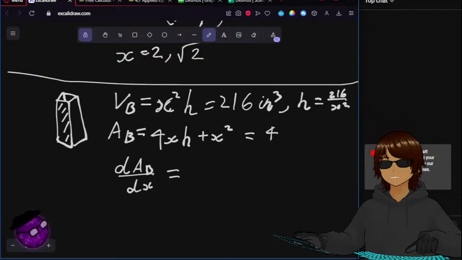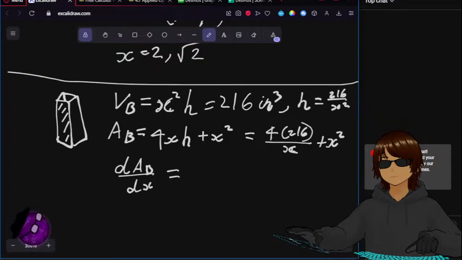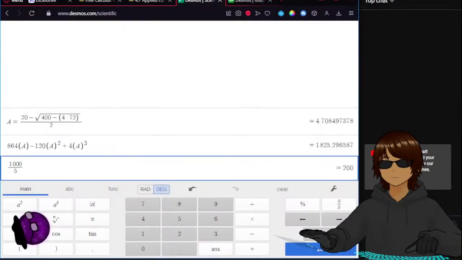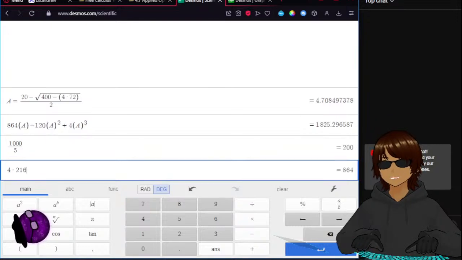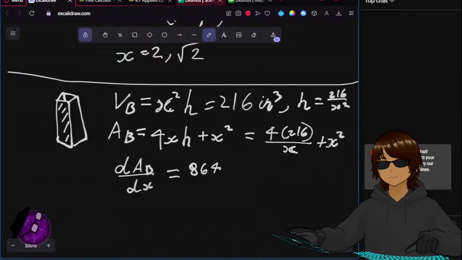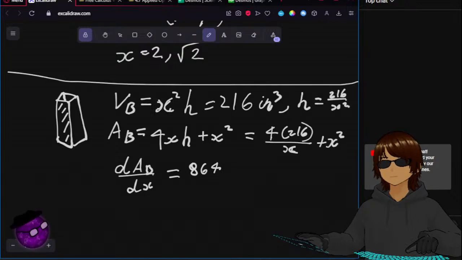This is 4 times 216 over x. And then 4 times 216, 864. If we are finding the derivative, x to the power of minus half, then minus half comes here.